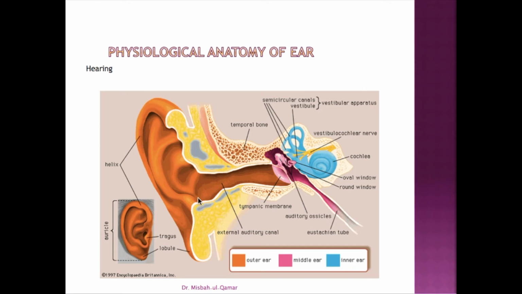Now, the whole structure is embedded in the temporal bone, which has an important structure, the mastoid process. And I will tell you the function of the mastoid process also, which is involved in hearing to some extent. I will give you a little detail of these parts now.